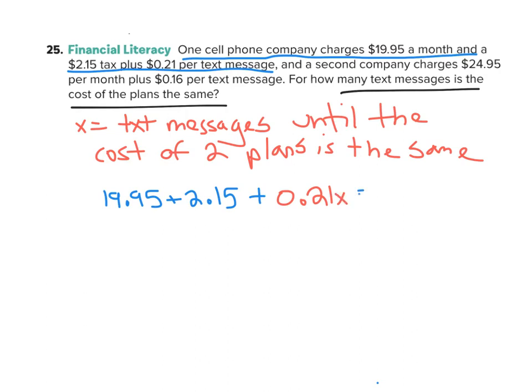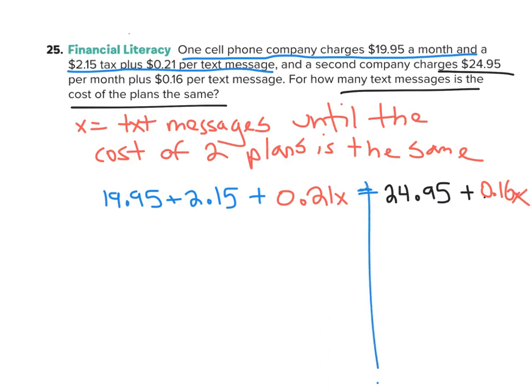Now, we want to know when the first company equals the second company in cost. And that depends on how many text messages are sent. It says the second company charges $24.95 per month plus 16 cents per text message. So that would be 16 cents times however many text messages are sent.